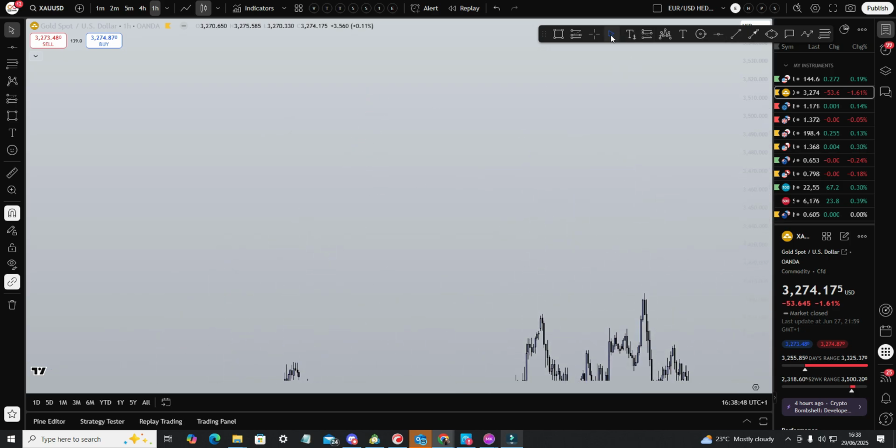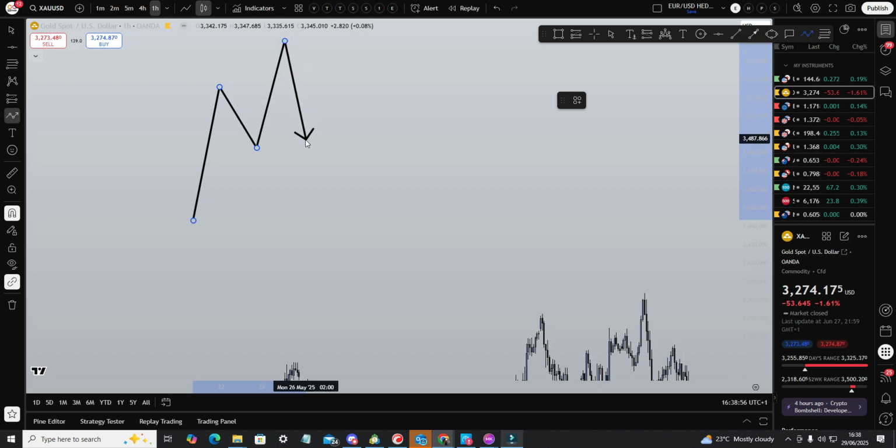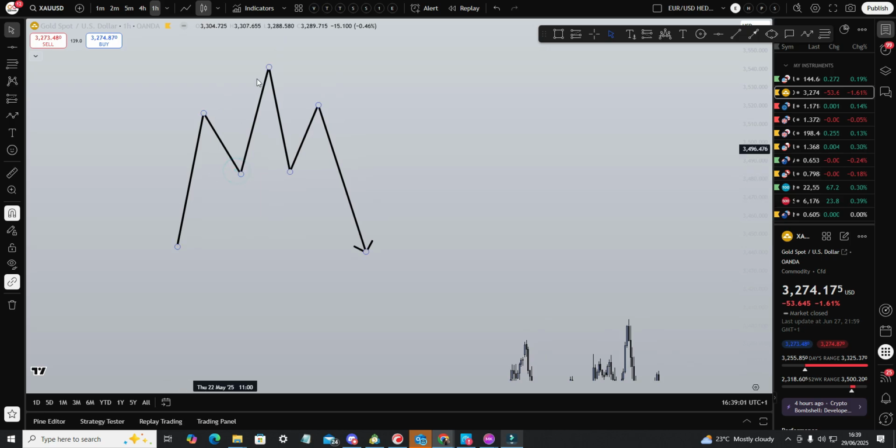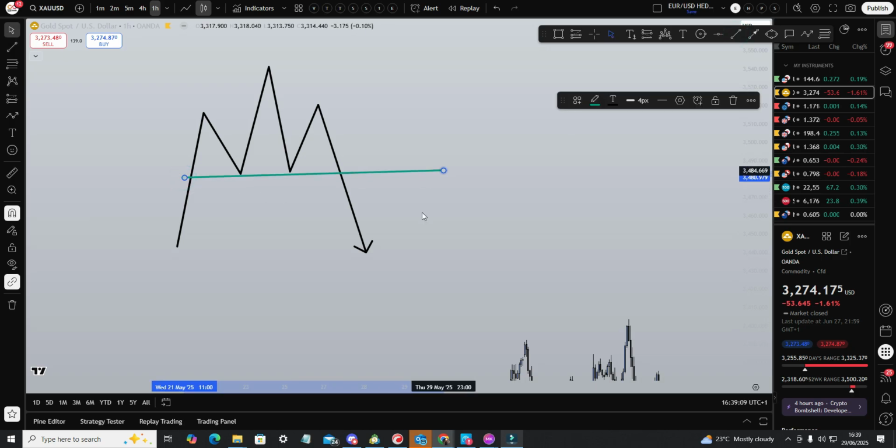So a head and shoulders pattern is, obviously, the left shoulder, the head. This creates the head, and this is the right shoulder. So if you look at this, this is the head, left shoulder, right shoulder, and this is the neckline, right? This area.